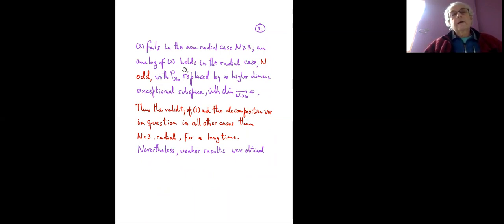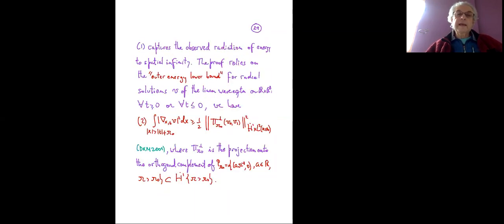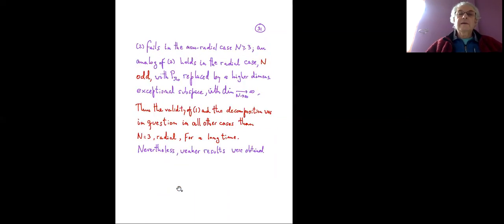Now, this inequality 2 that I just showed, I'll flash it again, has an analog in the radial case for odd dimensions, but there's a larger exceptional space. So there's a space piece of R naught, a finite but higher dimensional exceptional subspace, which has dimension (n-1)/2.